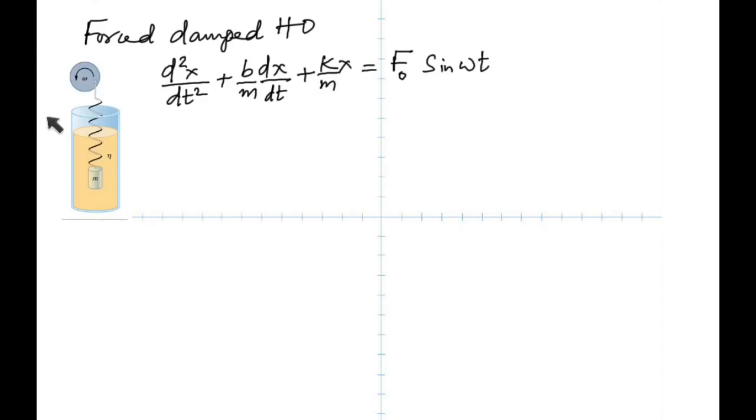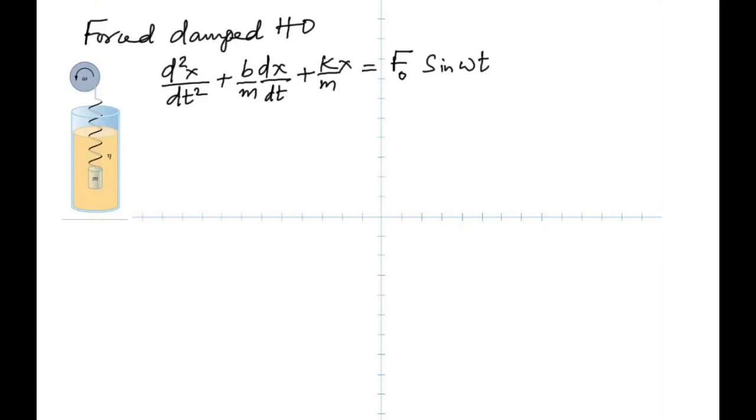Now, this diagram is a good one for you to understand what I'm saying. It's much better than the swing thing, which is a silly one. So, watch. What do you have here? You have a rotating disk that is rotating at a constant angular velocity omega. One end of the spring is attached to that disk, and this mass is in a liquid.